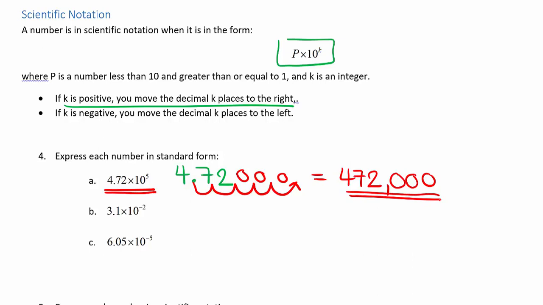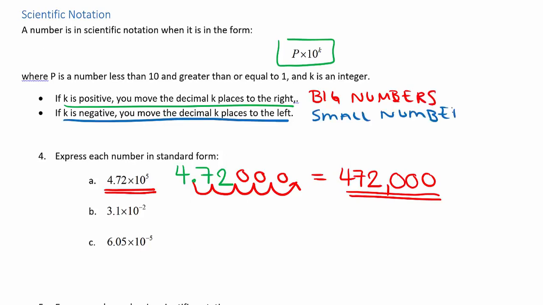Positive exponents mean we're talking about big numbers. Rather than memorizing left and right, I remember positive exponents give us big numbers, whereas negative exponents give us small numbers. We're actually going to move the decimal to the left. That's because with a negative exponent, we're multiplying by a fraction, or technically we're dividing.